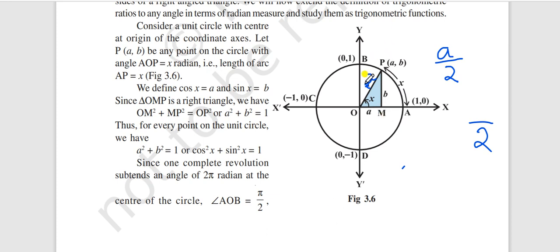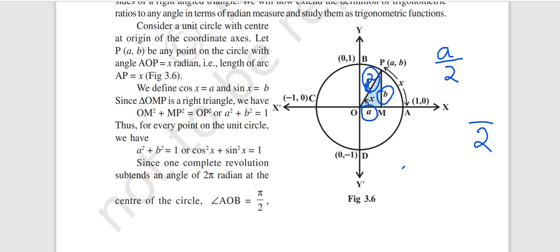It will be this side plus this side and this side. What is cos x? Cos x is this side by this side. Then sin x is this side by this side.